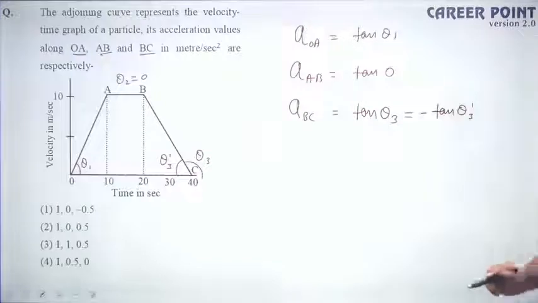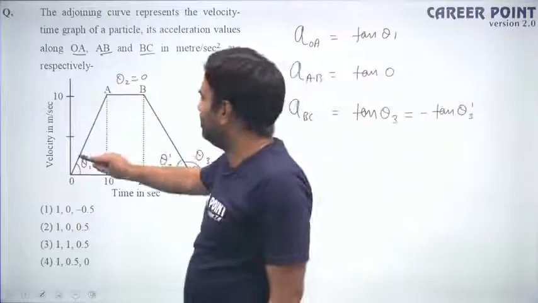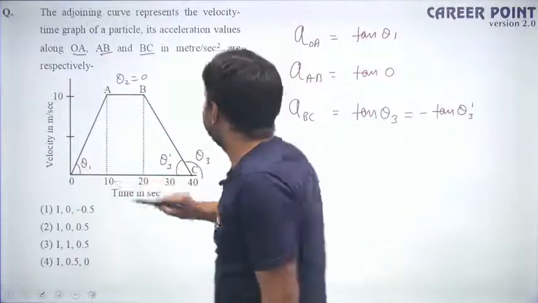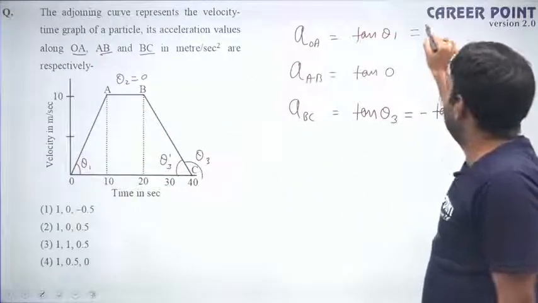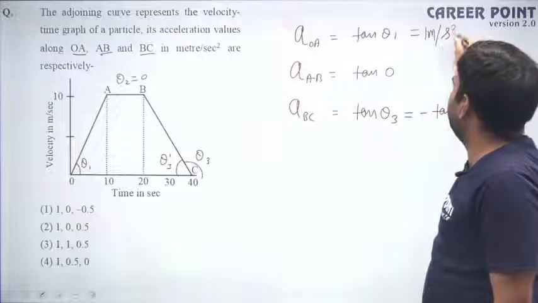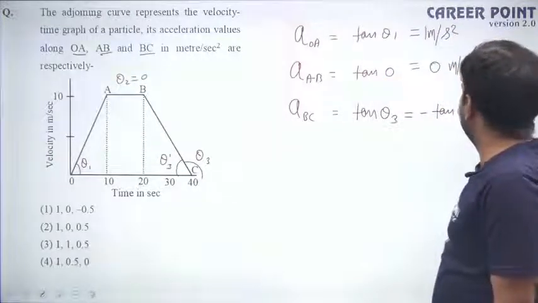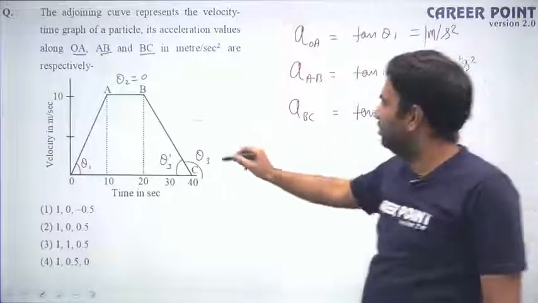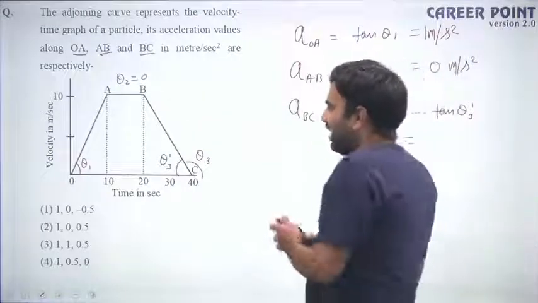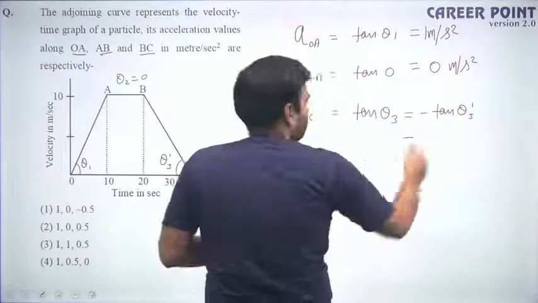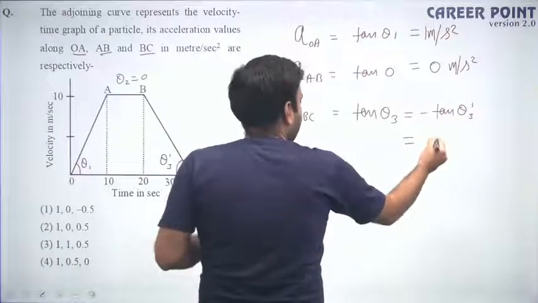Now let us calculate. Yes, Himal, you are right. Well done. For OA, what is tan theta 1? It is perpendicular by base, 10 upon 10, so it is equal to 1 meter per second square. Tan 0 is 0 meter per second square. And from B to C, we can calculate tan theta 3 easily because we have this triangle. So we will use negative of tan theta 3.